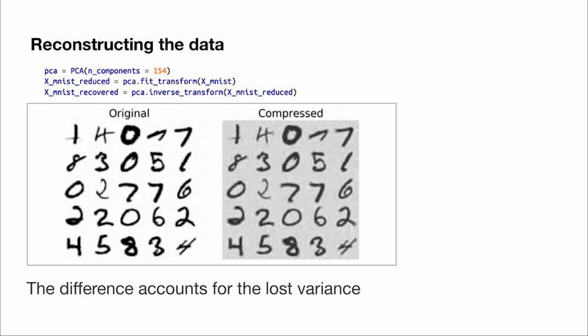And the variance lost, because you lost some amount of information, obviously. The difference is the lost variance. And you can see it doesn't really matter. You retained most of the information. That's why PCA is one of the most popular dimensionality reduction algorithms, because it is so efficient and it works so well.